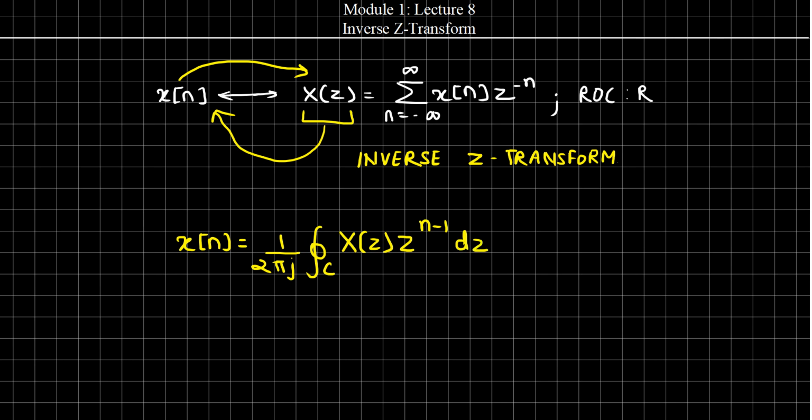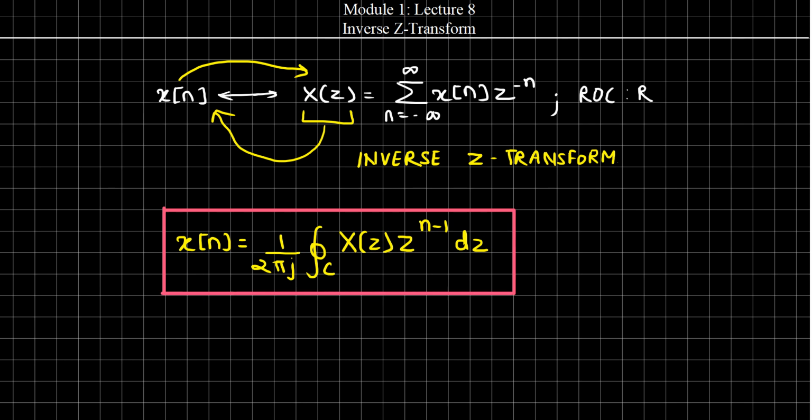Now if we look at this equation, we can see that it is very difficult to solve this every time in order to find the inverse Z transform. So generally inverse Z is found by mere observation, and there are various ways in which inverse Z can be found. And in this course we will look at two such methods.